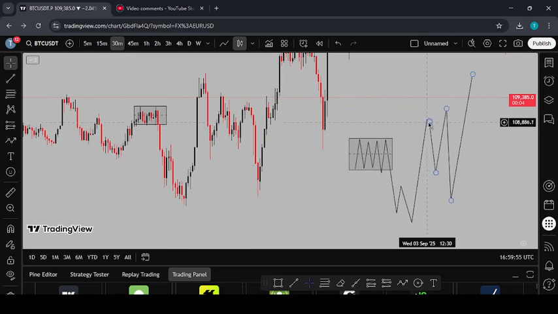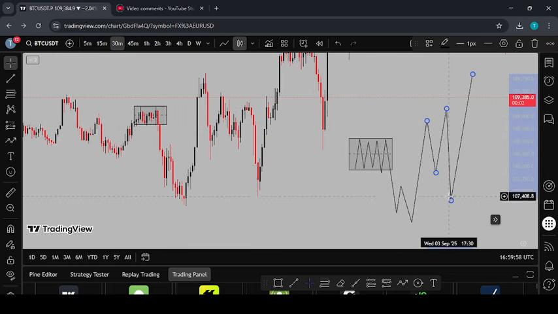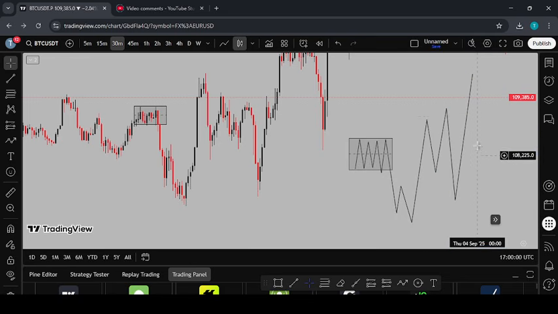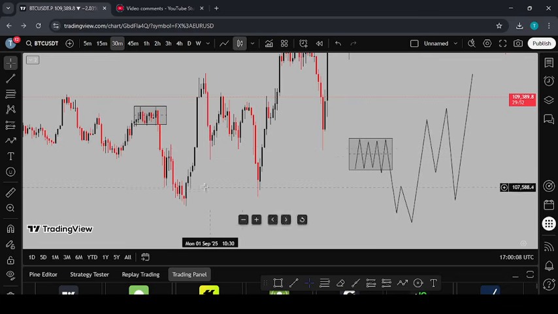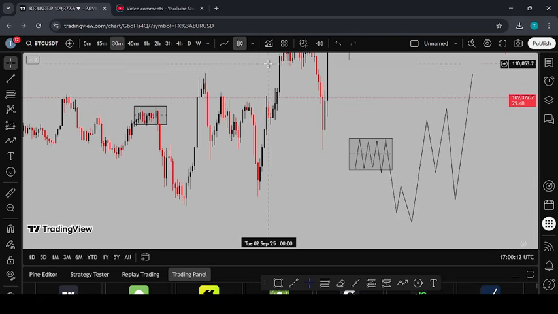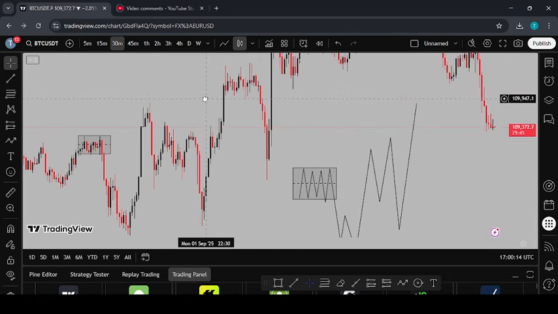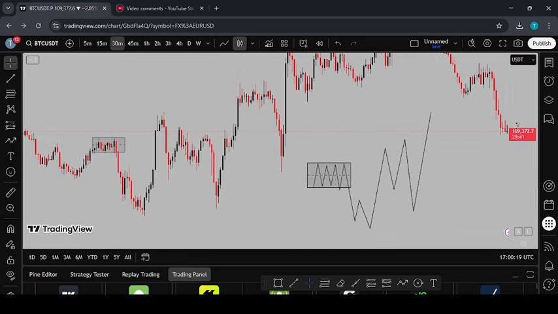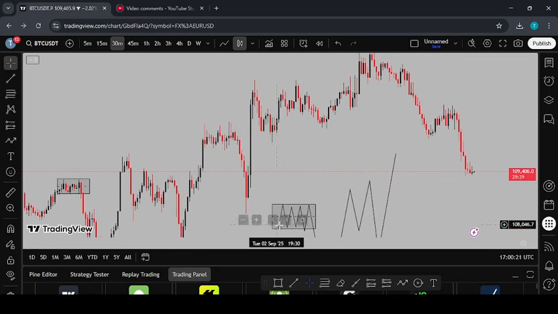This is the market maker power of three model: price accumulates, manipulates, makes a fake pullback, comes back down, taps into the manipulation POI, and what? Buys aggressively. So you can see the market making that move right here.